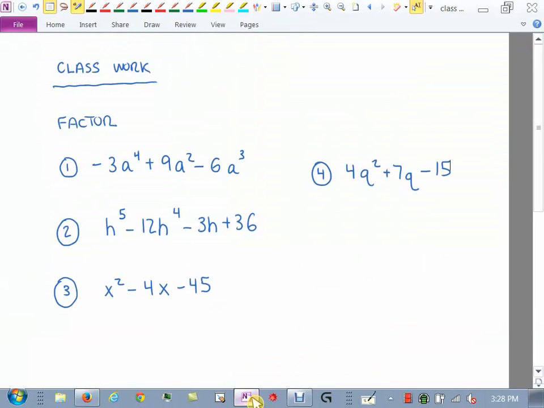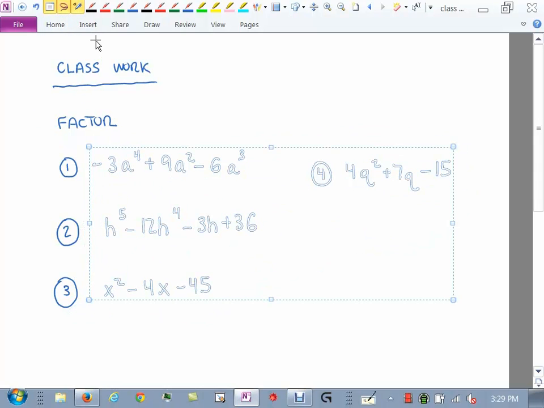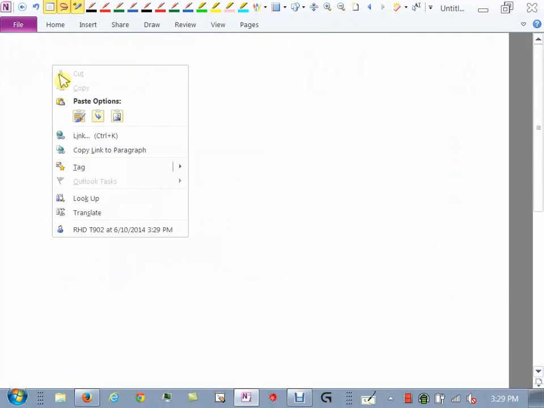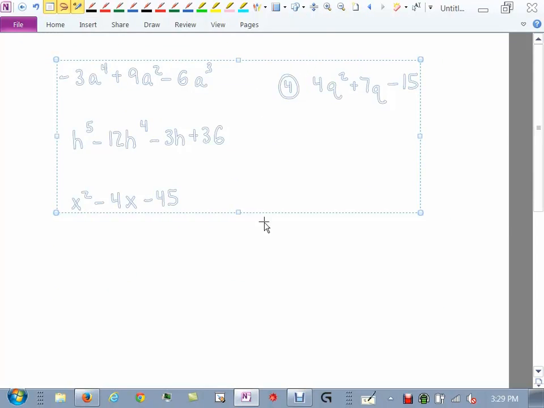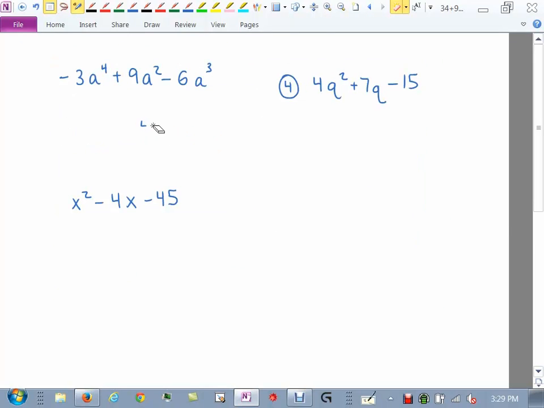See the technique. So let me take this first one here. Well, that didn't work. All right, for that first one, GCF.